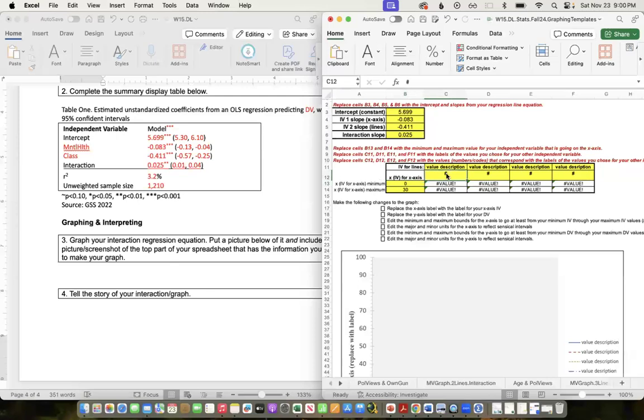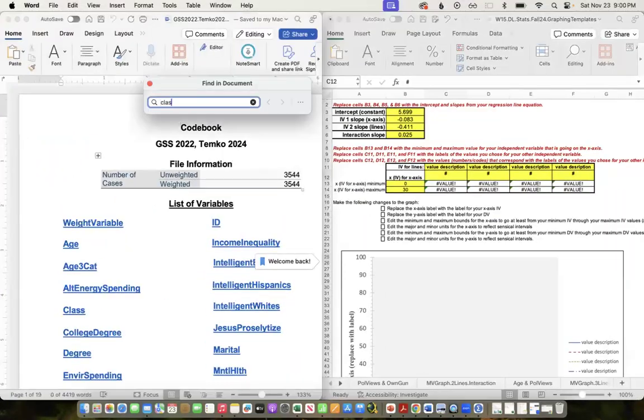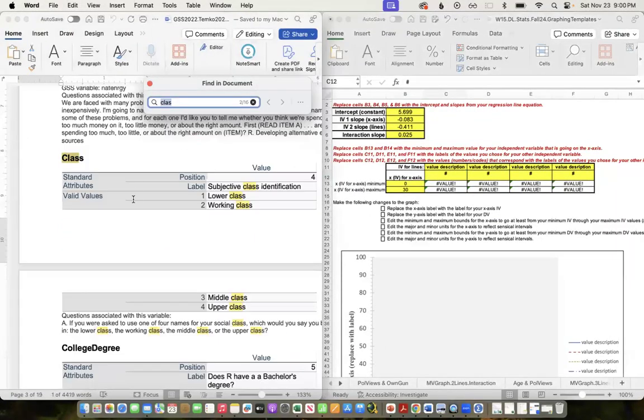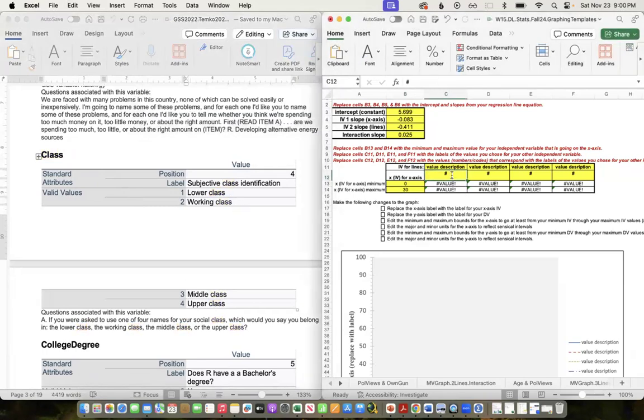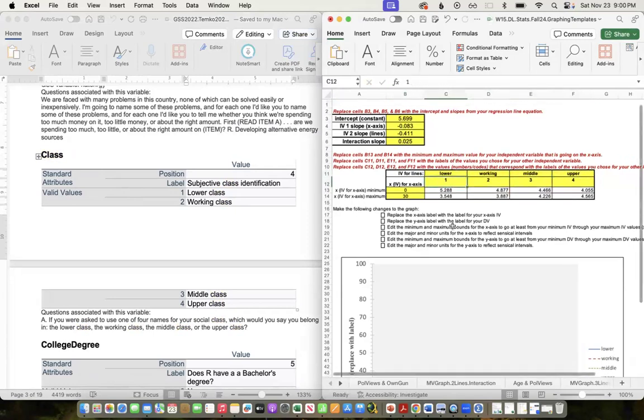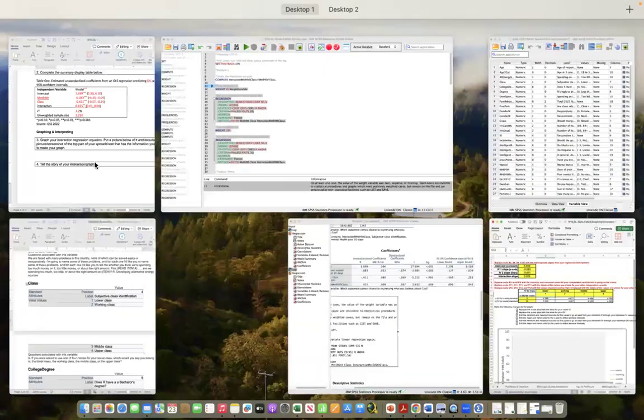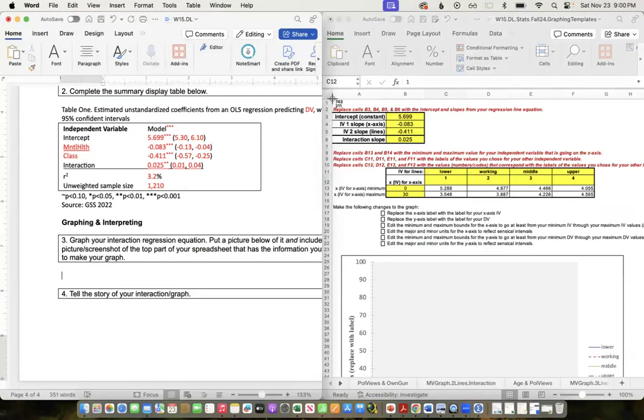And for class, I know there's at least one respondent in each class, so that goes from 1 to 4. Those are the values. And above it, I'm going to put what this means. So 1 is lower class, working class, middle class, and upper class. And I also know that for this, I need to show my work.